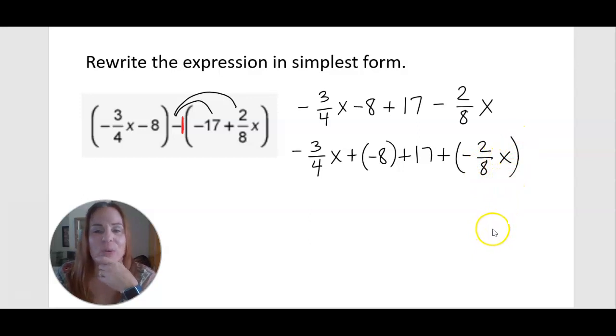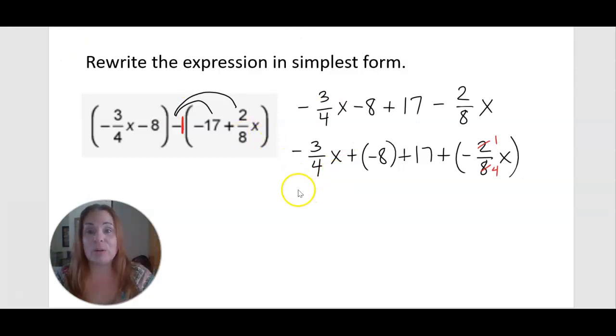And actually, you know what? 2/8 can be reduced, right? So instead of rewriting my 3/4 with a denominator of 8, I think I'm just going to rewrite the 2/8, right? Because 2/8 is the same as 1/4. But you could also rewrite the 3/4 as 6/8, right? If you needed to get a common denominator of 8.